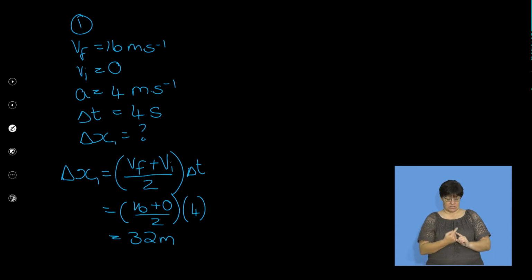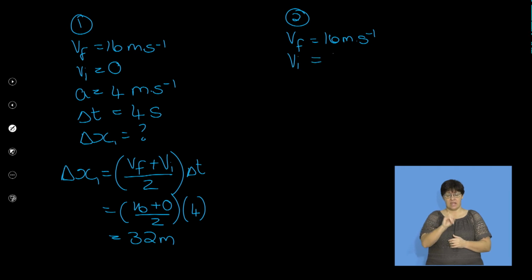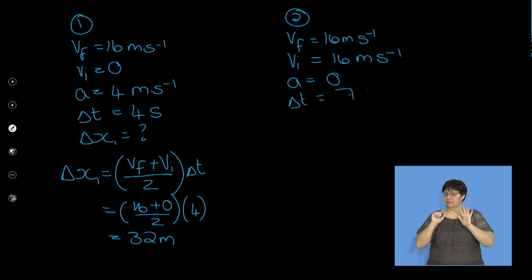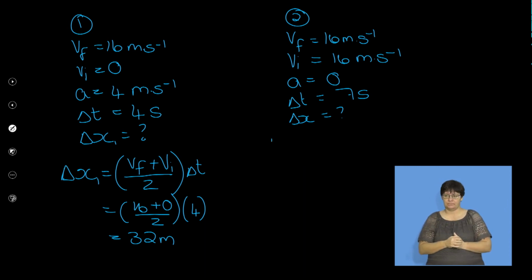That's the first part. Now we need to do the second part. Vf is 16 because there was no change in velocity. Vi is 16 because that's what we calculated. A is 0. Delta t is 7 seconds this time, and I want delta x. I'm going to use exactly the same equation. That's okay. And this is x2.